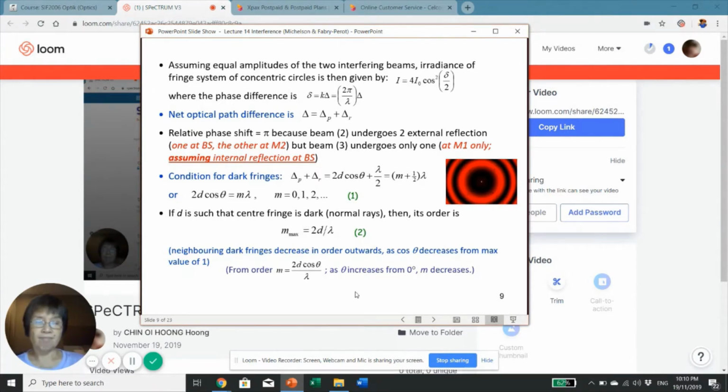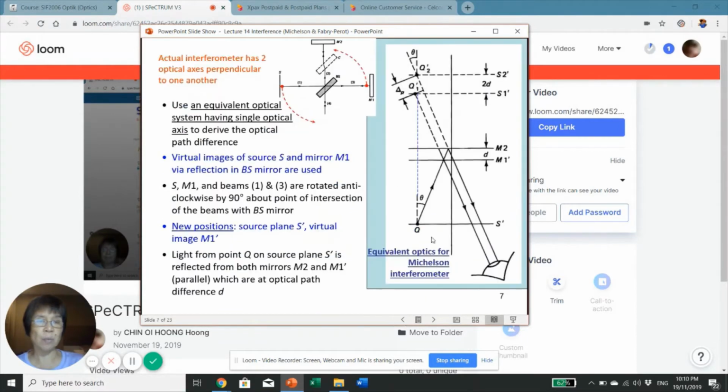And if you look at this expression here, if we write m equals 2d cosine theta over lambda, you see that as theta increases, which means that you are looking further from the center. Let's go back to this to show you.